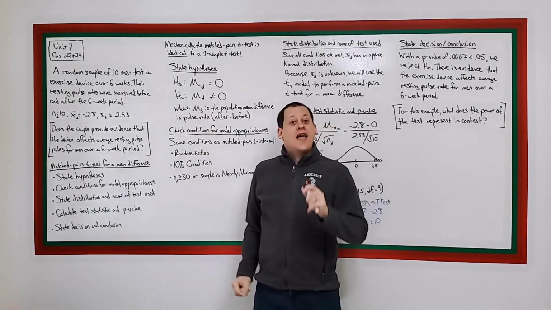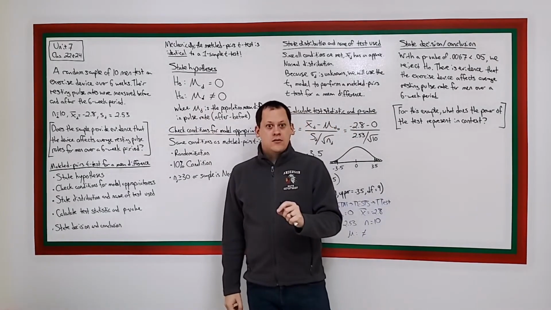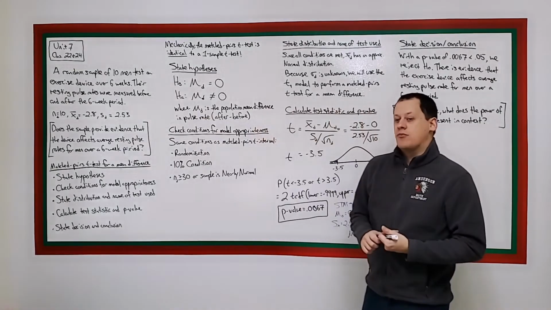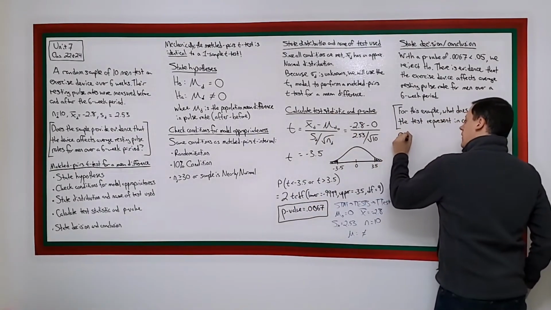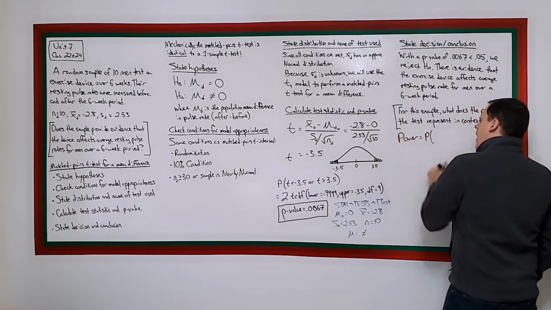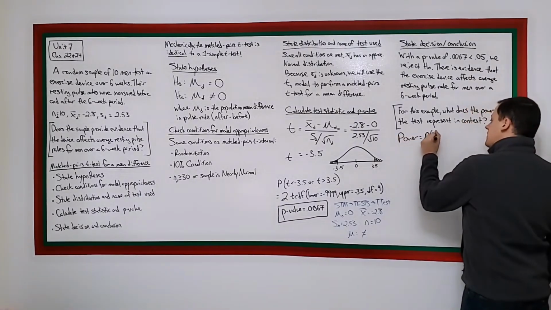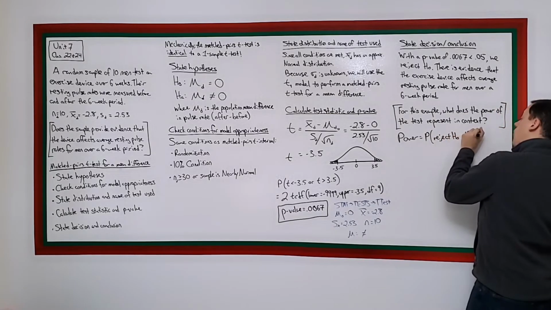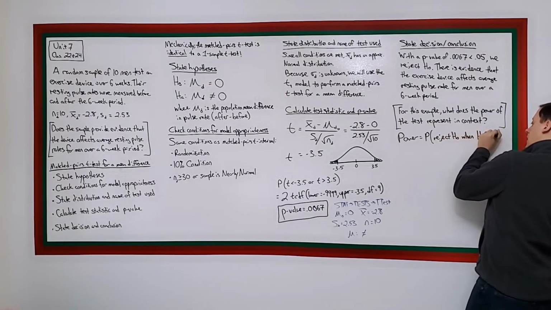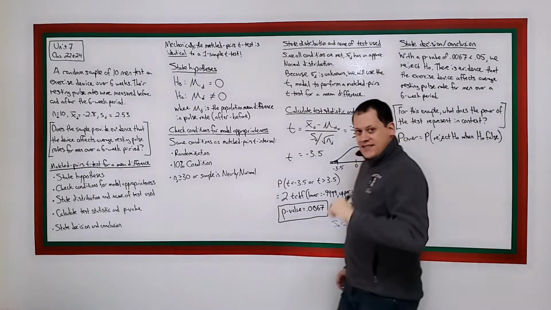So rejecting correctly the null. That's what the power of the test represents. Power is the probability of rejecting the null hypothesis when the null hypothesis is in fact false.